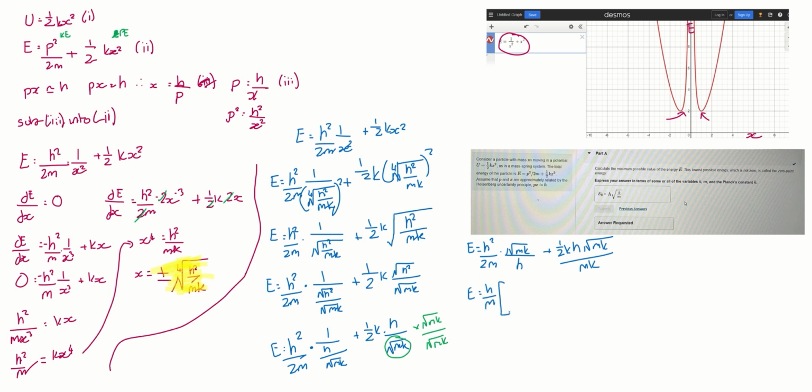I'm going to put a big square bracket there. So we're left with h over 2 root mk over h plus a half, what are we taking outside? A half k.